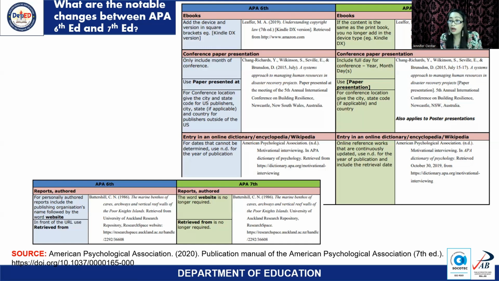Chang, Richards, Wilkinson, Seville, and Brinson, 2015, July 5 to 17. A Systems Approach to Managing Human Resources in Disaster Recovery Projects, paper presentation, 5th Annual International Conference on Building Resilience, Newcastle, NSW, Australia. This is also applicable to poster presentations.